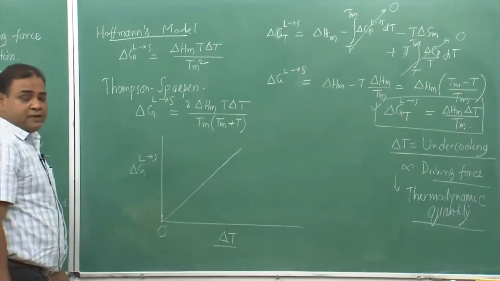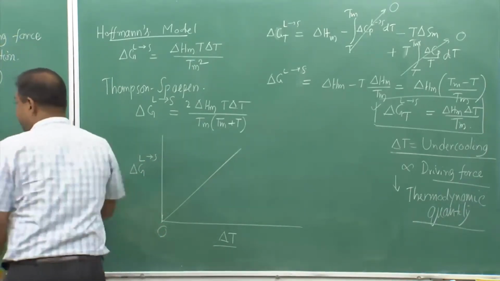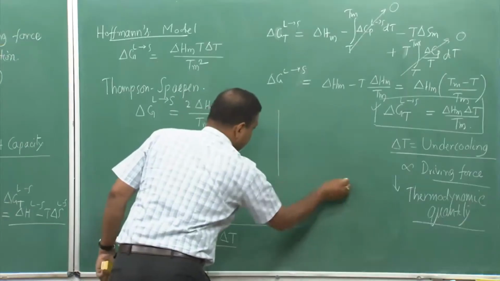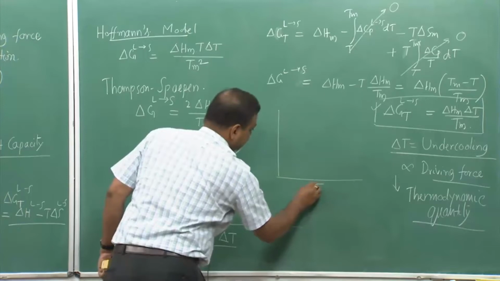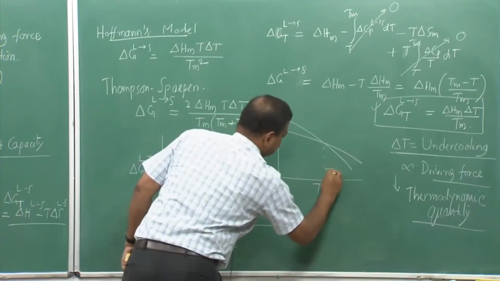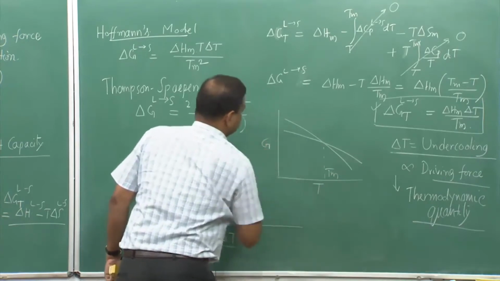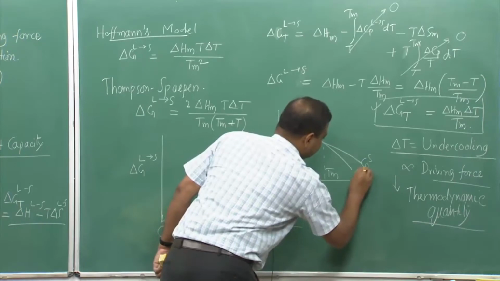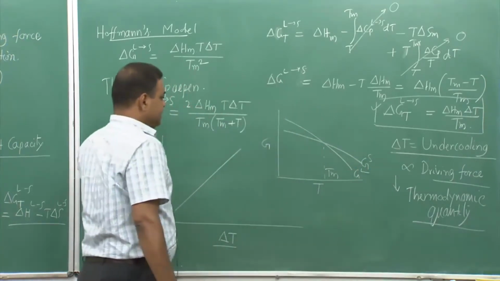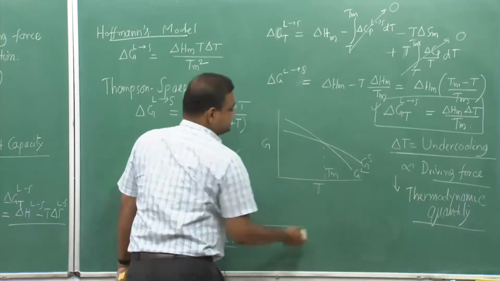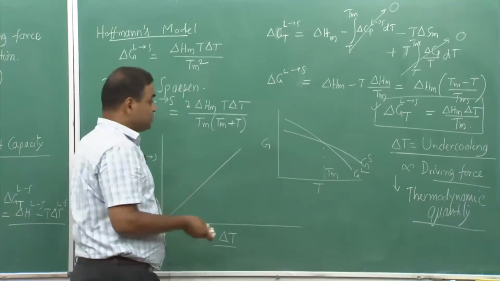What does it mean? It means if I replicate this same diagram here, this is G S, this is G L, then at this point T minus Tm is 0, that means del T is 0.